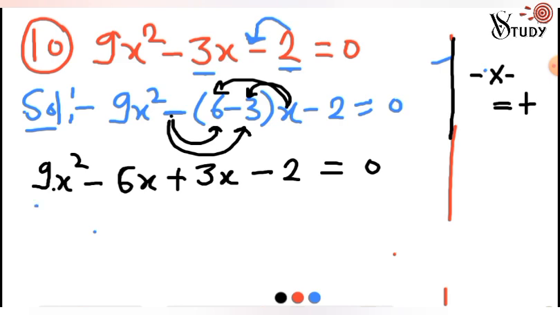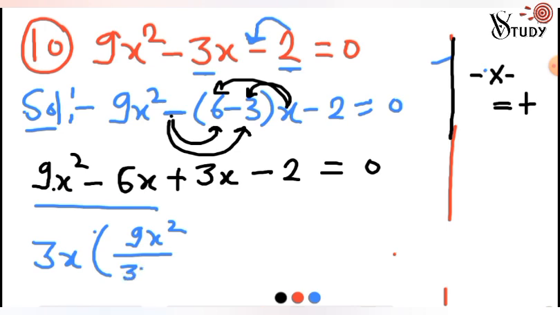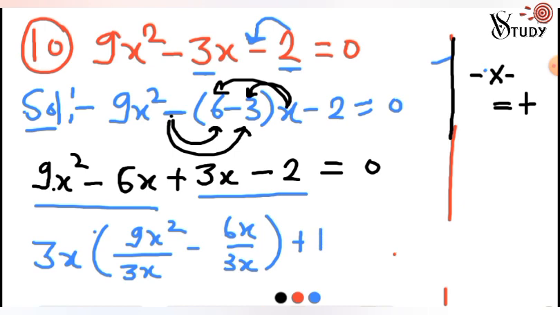Now from the first two terms we have to take common, and here we can take 3x as common. So we are going to divide both the terms by 3x. And in the second two terms there is nothing common, so in that case we can take 1 as common, because 1 is a factor of each and every number.